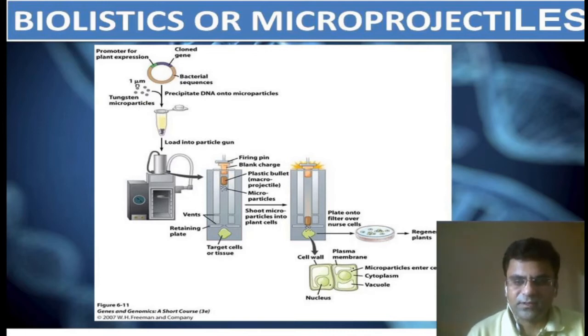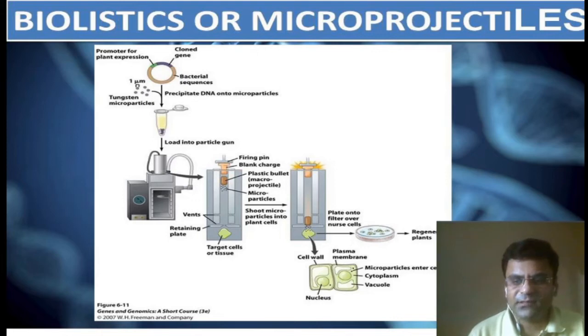Then the next method is biolistic or microprojectiles. This physical method uses accelerated microprojectiles to deliver DNA or other molecules into intact tissue and cells. The gene gun is a device that literally fires DNA at the target cells. The DNA to be transformed into the cell is coated onto microscopic beads made of either gold or tungsten.